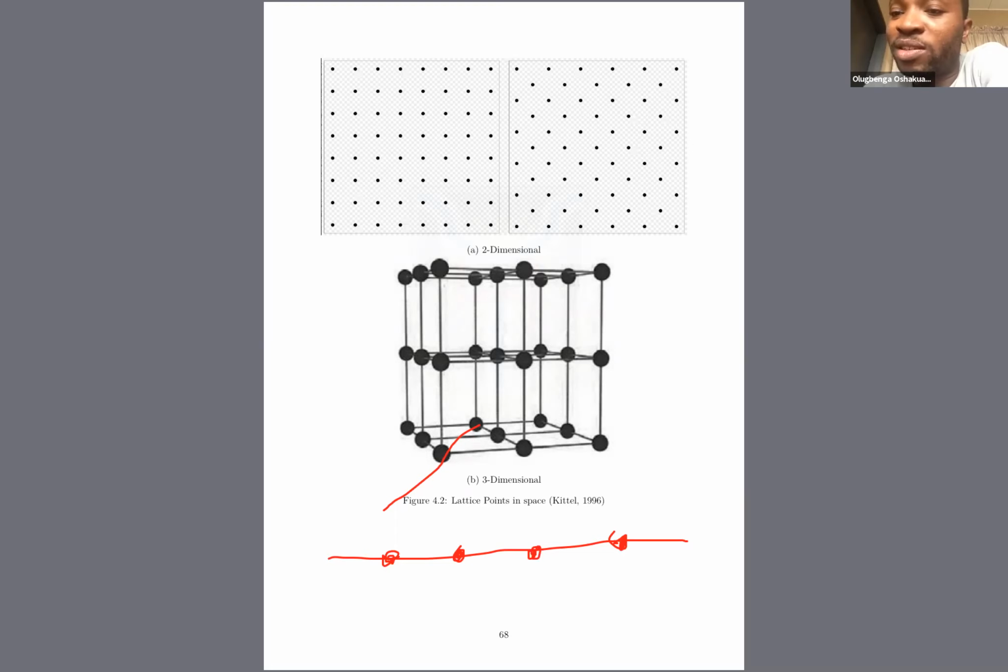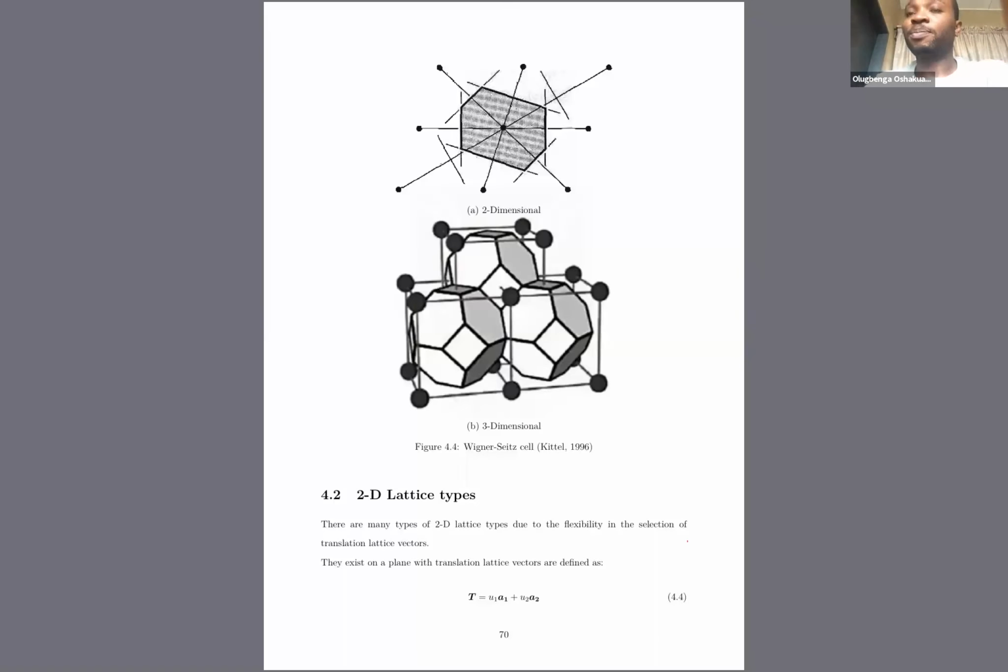We can say here to here is A, here to here is A, here to here is A. We can also say this point to this point to this point is A. And we can say that this particular point is contributing half of its value to the left and half to the right. I expect you to take note of that for the future.